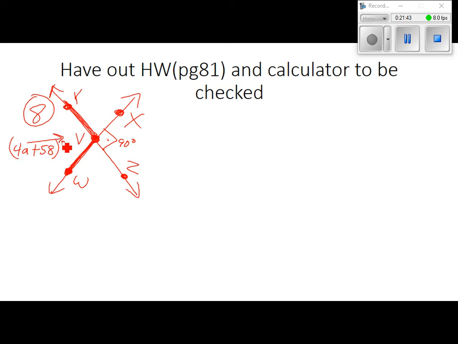Do those parentheses mean anything? Nope. They mean absolutely nothing. All they're doing is making sure that you know it's an angle, not a segment or anything else. But you just told me that this is 90. What equation can I set up then? 4A plus 58 equals 90. Somebody solve that real quick while I go on and do the next part.